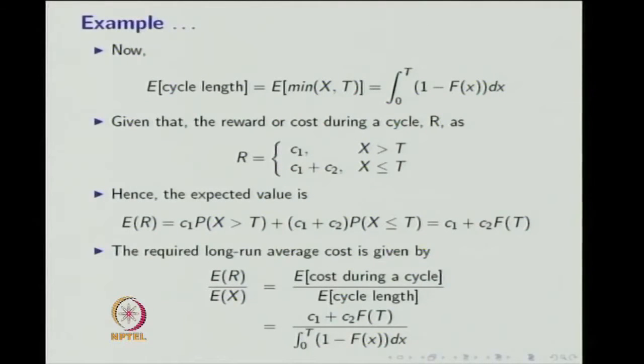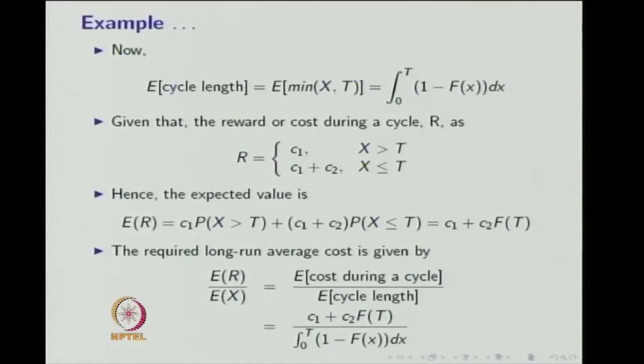Given that the reward or cost during the cycle is R, R will be C1 if x is greater than t. If it fails before t, then there is an additional cost C2, therefore the cost will be C1 plus C2 if failure occurs before the fixed time t.